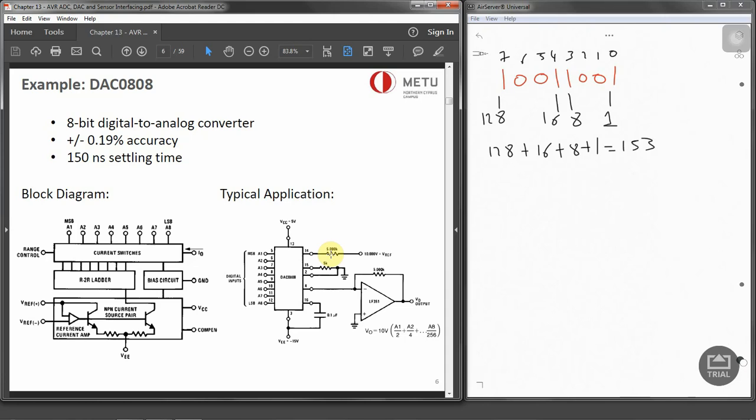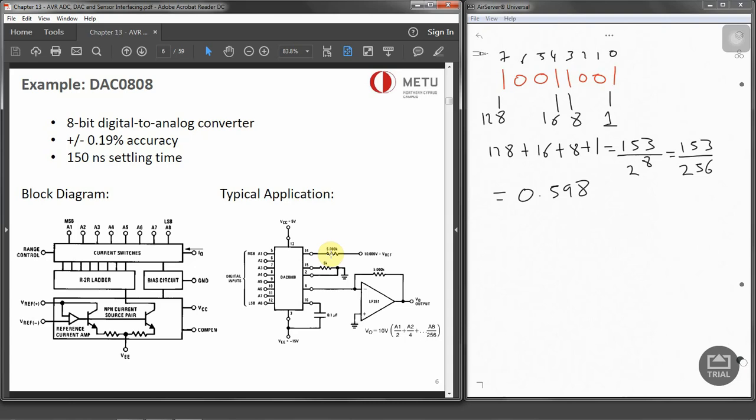153. Now, as this is an 8-bit digital to analog conversion, we need 2 to the power 8 over there. So 153 divided by 256 will give us 0.598 as a value.